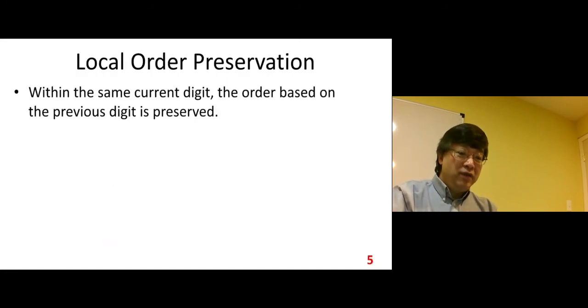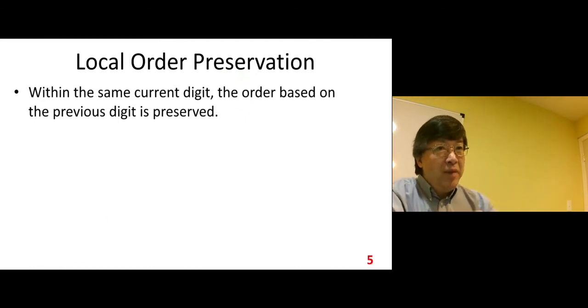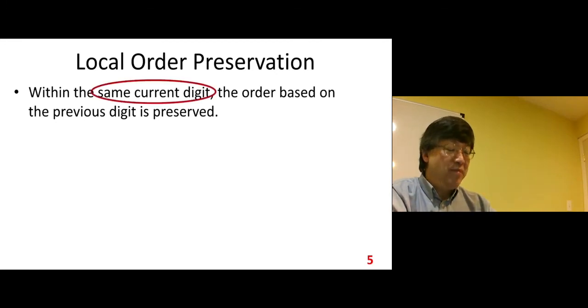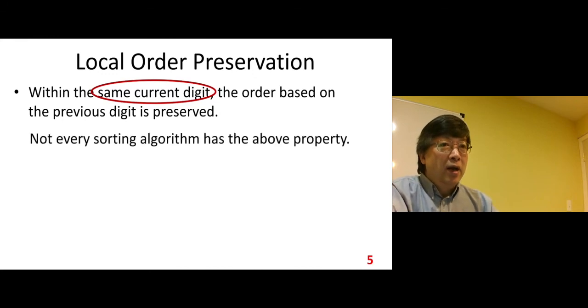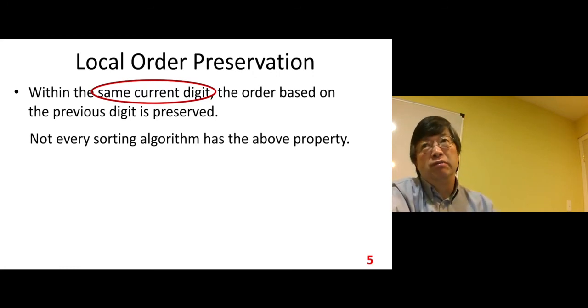Now, local order preservation: within the same current digit, the order based on the previous digit is preserved. I drew that diagram before. But here the problem is, do we have such a sorting algorithm that can satisfy this requirement?